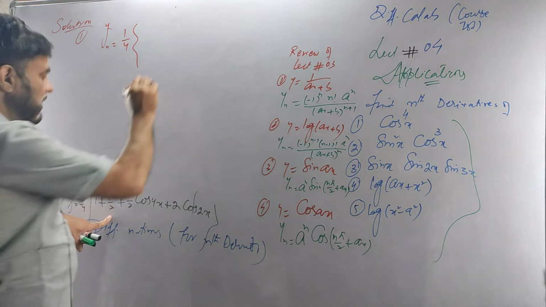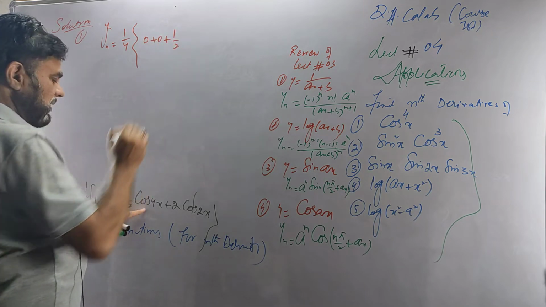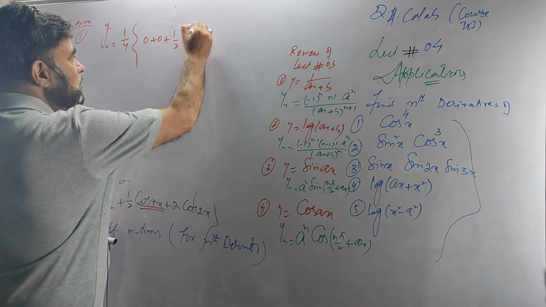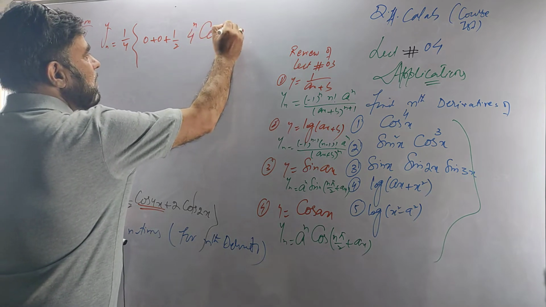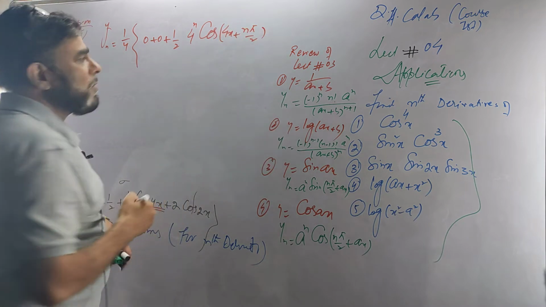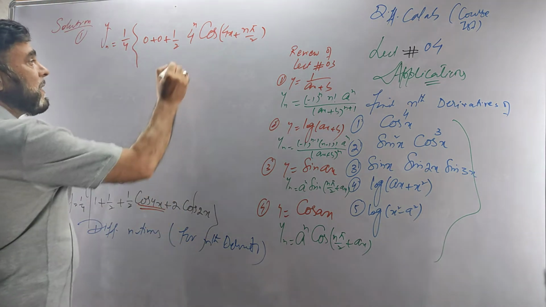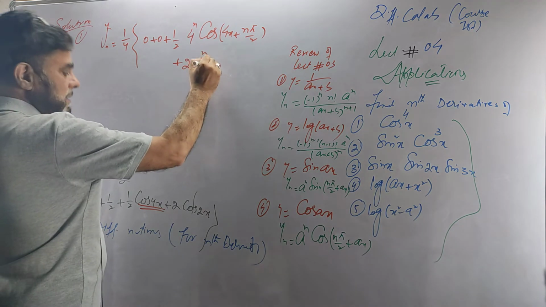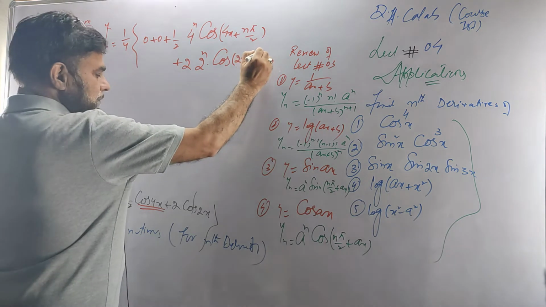This is 0 plus 1 by 2 times the nth derivative of cos 4x, which is 4 raised to power n cos of 4x plus n pi by 2, or cos of n pi by 2 plus 4x, one and the same thing. Then plus 2, a multiple constant here, times 2 raised to power n into cos of 2x plus n pi by 2.